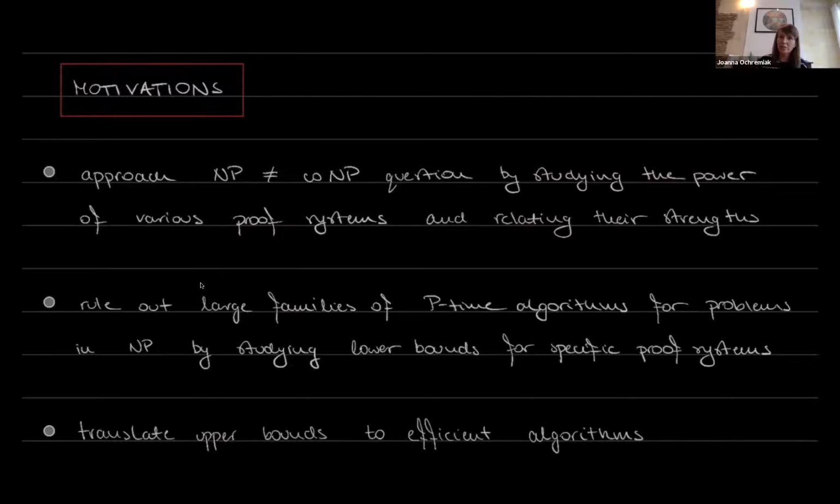On the other hand, if for some class of propositional formulas you manage to prove that in some proof system you have small proofs, then you can translate this kind of result into efficient algorithms for certain problems. So you have those two sides. Both lower bounds and upper bounds tell us something.